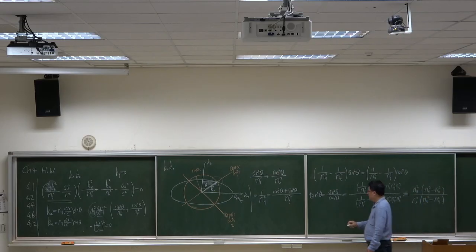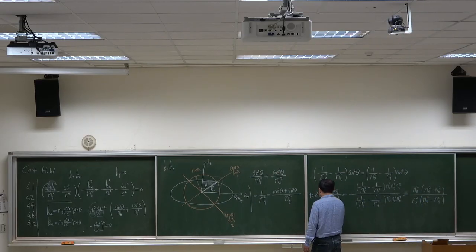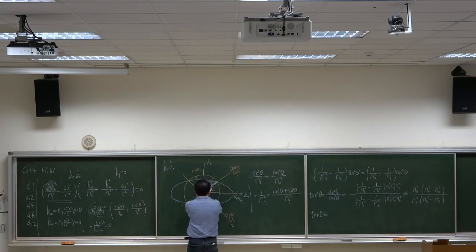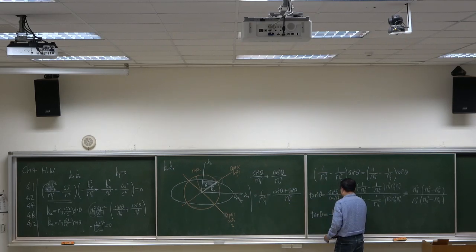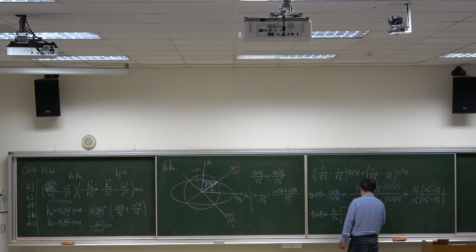So tangent theta, which is a positive angle, is equal to nz over nx times the square root of ny squared minus nx squared over nz squared minus ny squared.